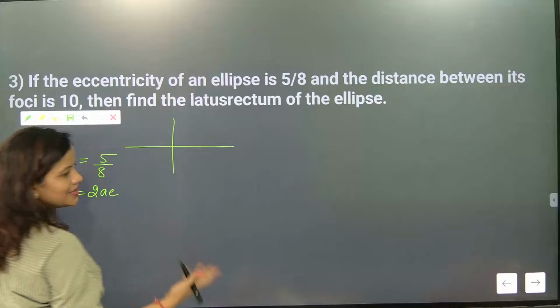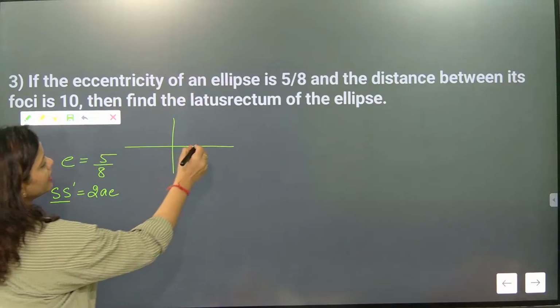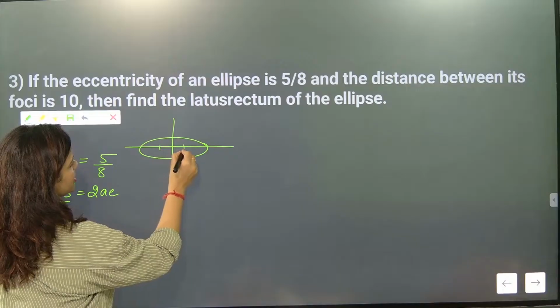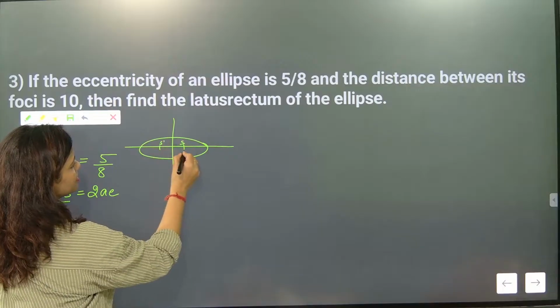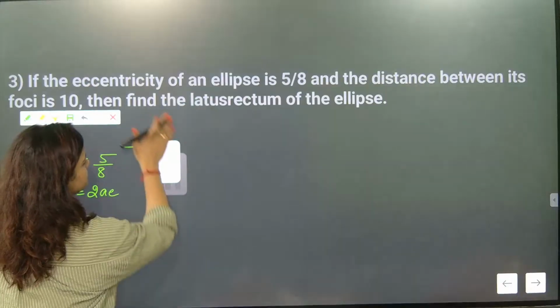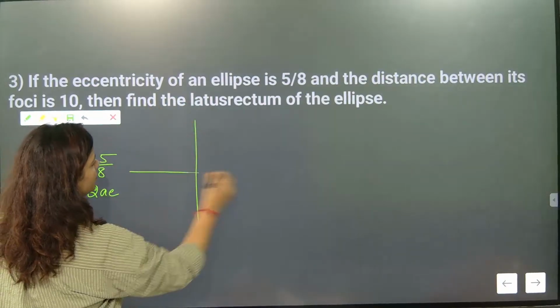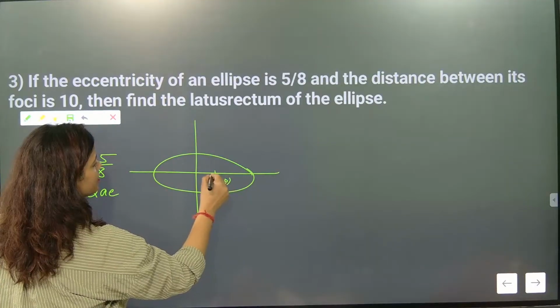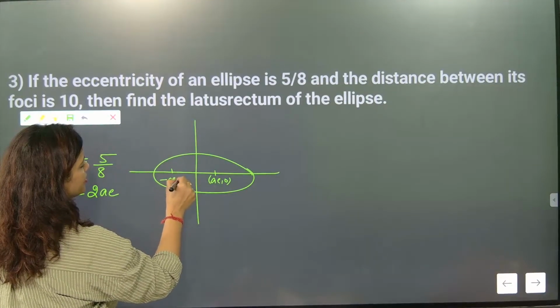So we are assuming that the ellipse is resting on the x-axis. This is S and this is S dash. This is AE comma 0, and then minus AE comma 0.